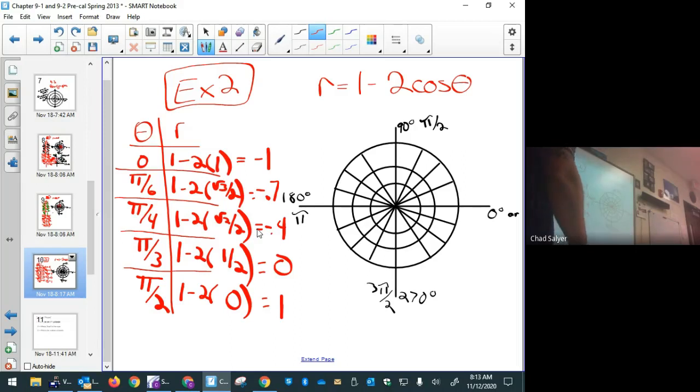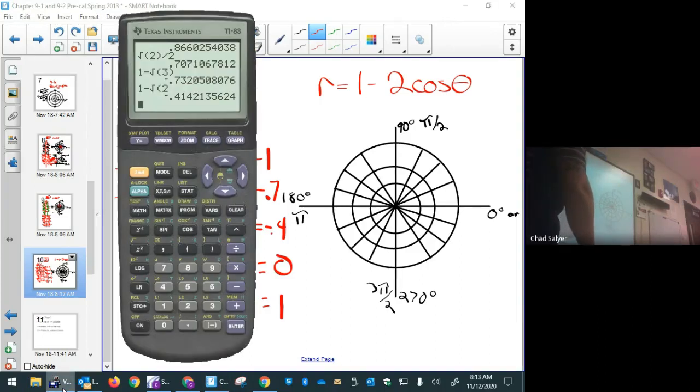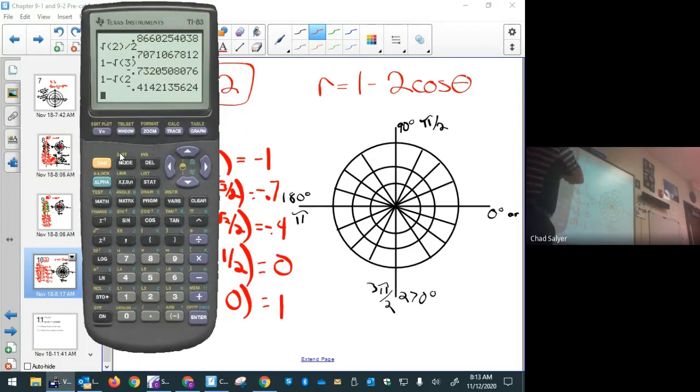Let me just double check myself here. Actually, there's a pretty easy way to check ourselves. Use the calculator. 1 minus 2 cosine theta.